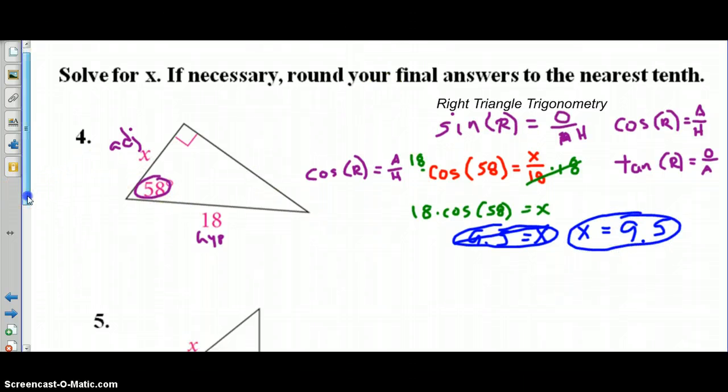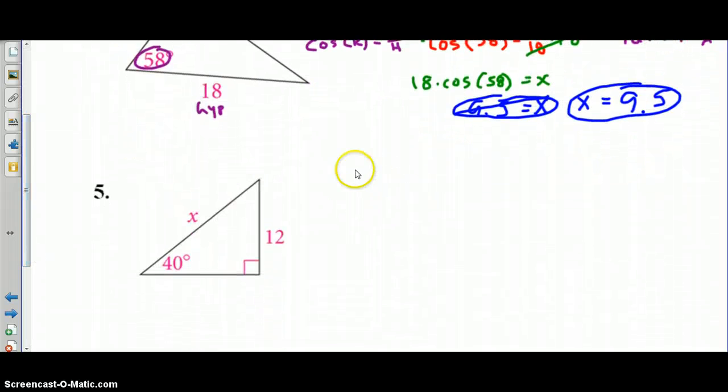Our second question that we're going to look at: again, we're given our reference angle. Starting from our reference angle, the side across from the 90 degree angle is our hypotenuse, so I'll label that as HYP. And the side across from our reference angle is called the opposite side.